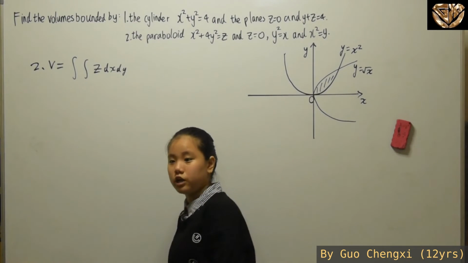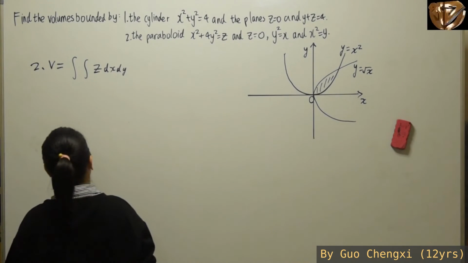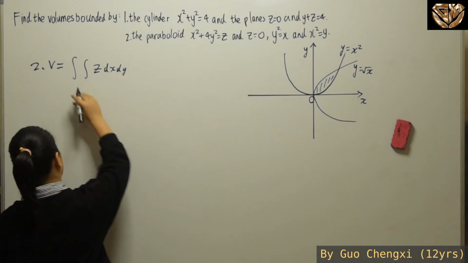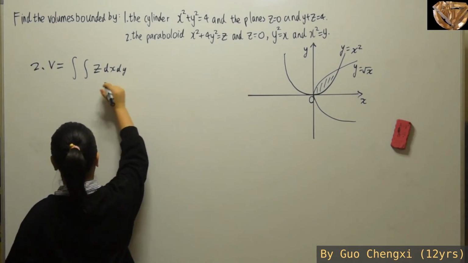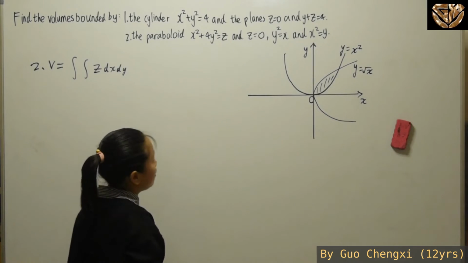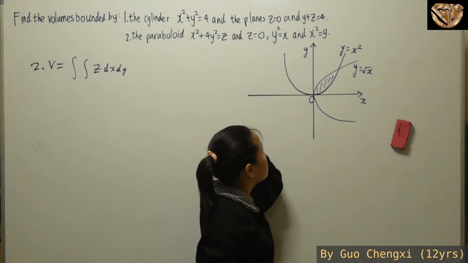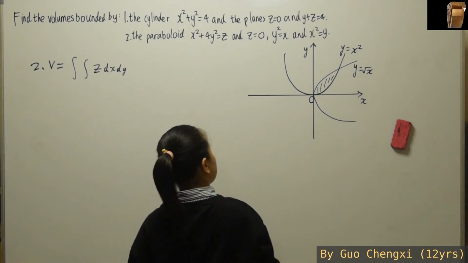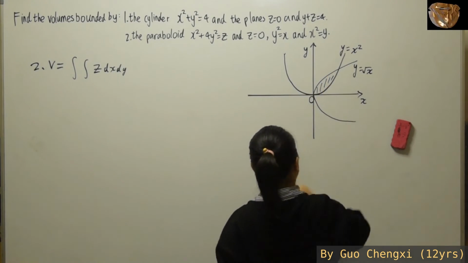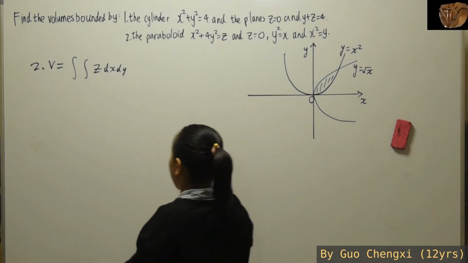Okay. So for this part, since we are integrating with respect to y first, we are going to move from down to up, which in this case is x squared to square root x.